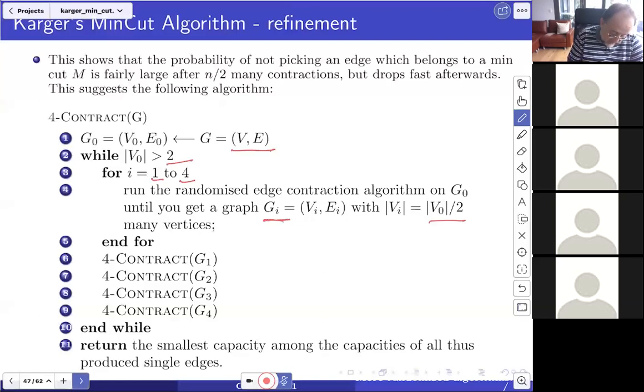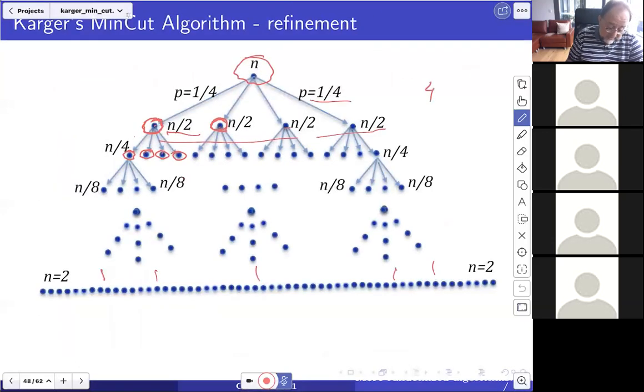Right? And this is exactly what we described here. Your graph has n vertices. Run your algorithm to produce a graph with only n/2 vertices, but run it 4 times. Because it's a randomized algorithm, you will likely produce 4 different graphs.